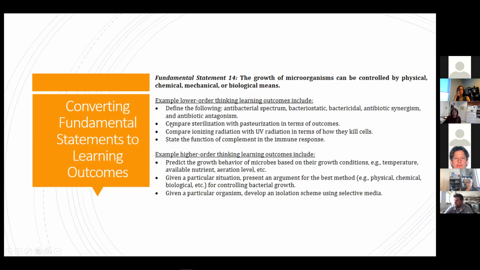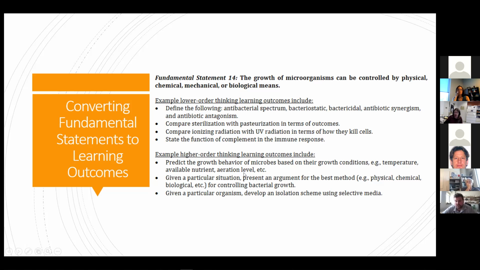So this isn't compare and contrast. This is just what is the outcome of sterilization versus pasteurization, or compare ionizing radiation with UV radiation in terms of. So these are all lower level, because we're really boxing students in to a given response.